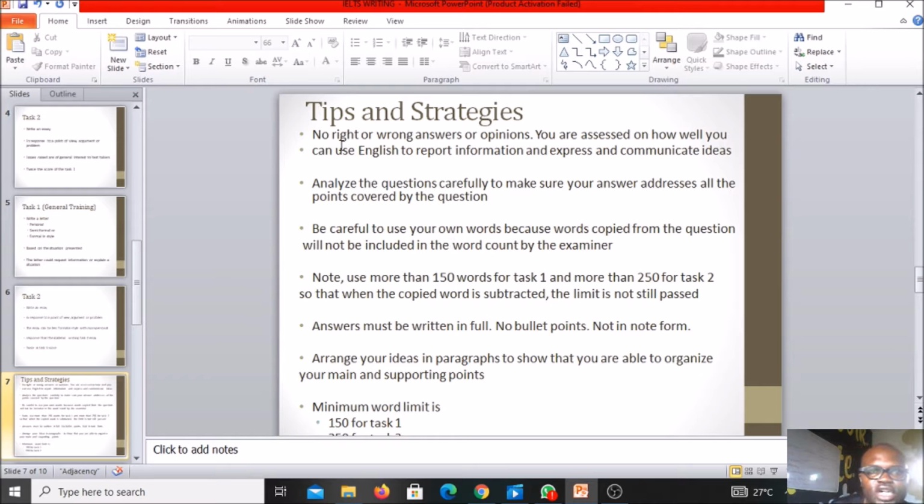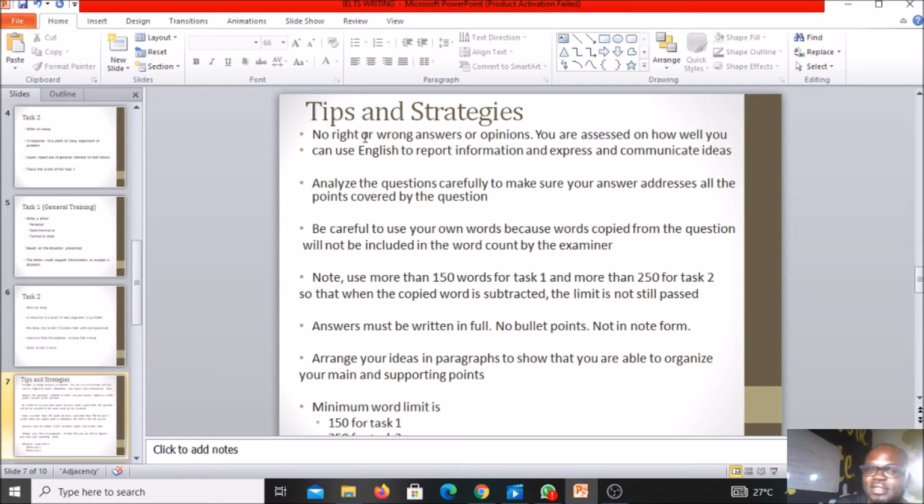Now, there are no right or wrong answers or opinions. If you're told to support, or to agree or disagree with a specific opinion in an essay, whether you agree or disagree, provided you write well and are able to organize your ideas effectively, you still get the marks. So it doesn't matter whether you agree or disagree.